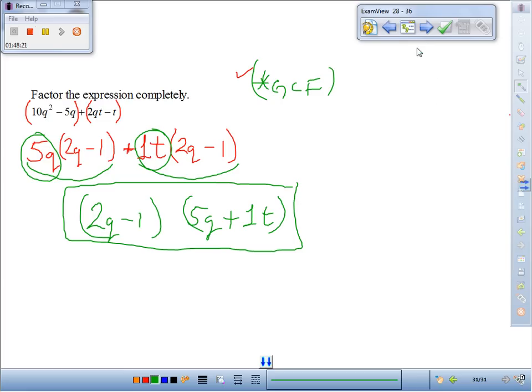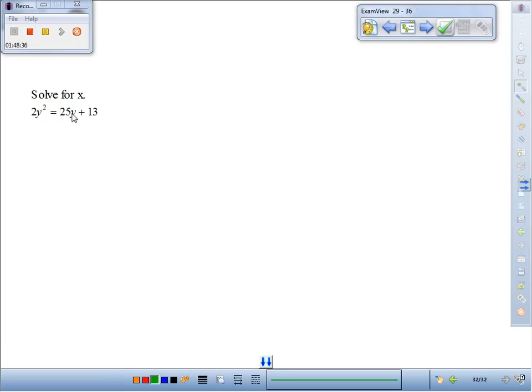Number 29. Solve for x. Focus, please. Oh, for this one it's solve for y. My bad. Solve for y, since it's the y variable on this one. So, guys, focus, please.